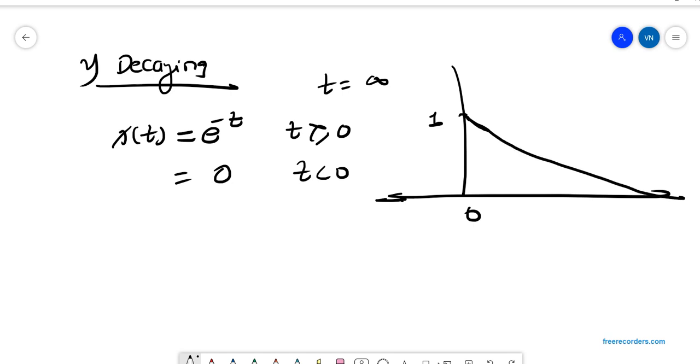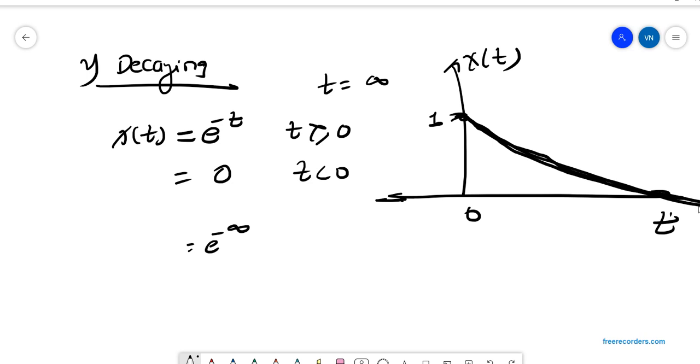e raised to minus infinity, how much? E raised to minus infinity, you will get a 0 value. Basically this is a decaying exponential. So only for t is equal to 0 you will get the maximum value. After that, the value of that particular function, meaning the amplitude, goes on decreasing.